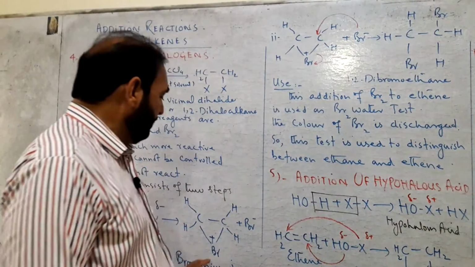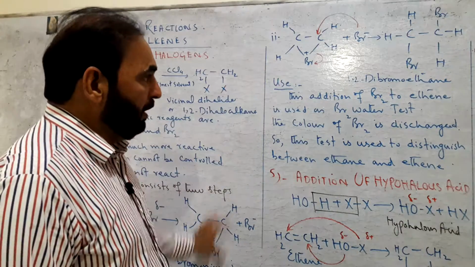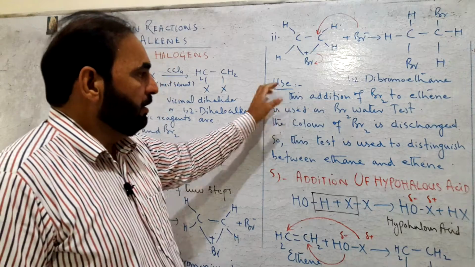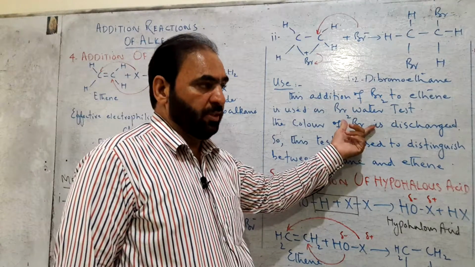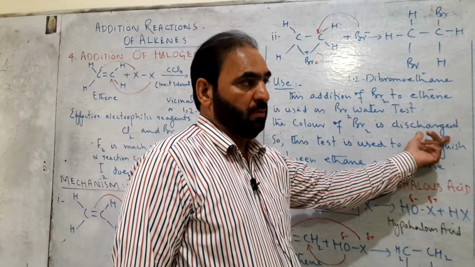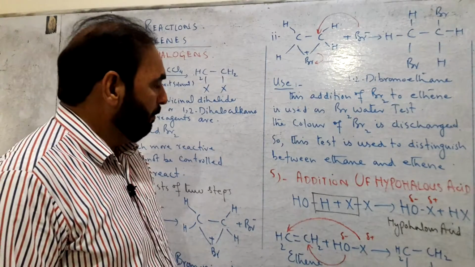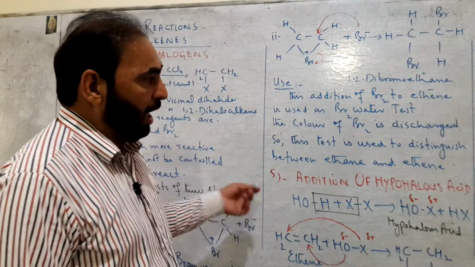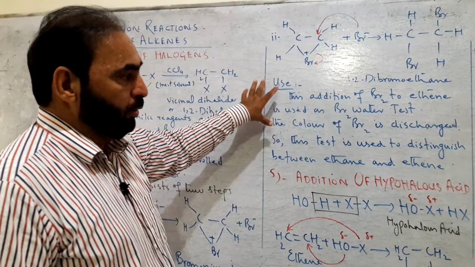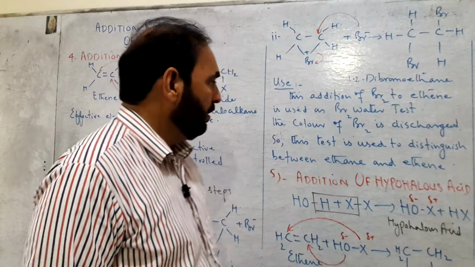This reaction has a very important use. When bromine molecule is added to an alkene, the color of bromine, which is orange-red, gets discharged, disappears. So as the color of bromine is discharged after this reaction, this reaction is used as a bromine water test.